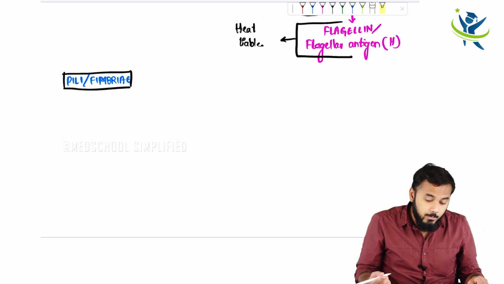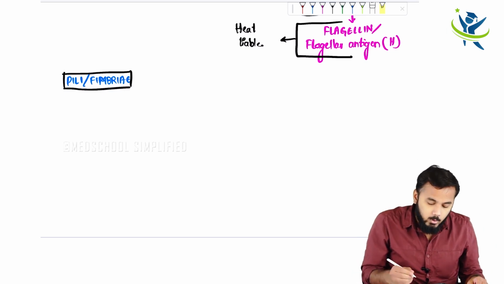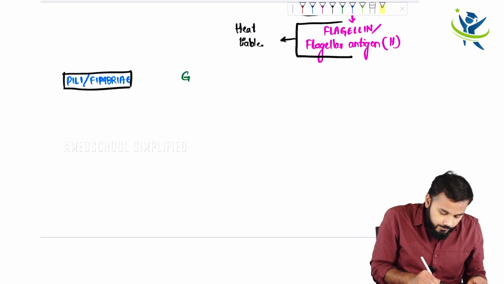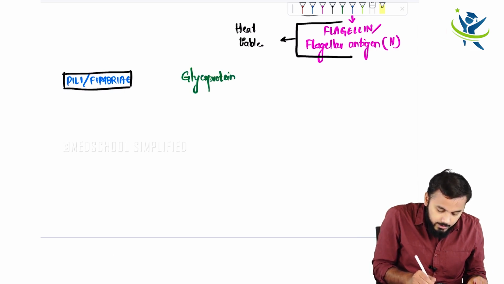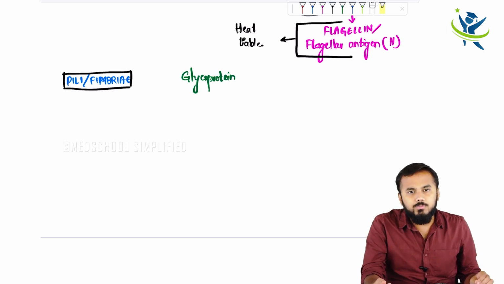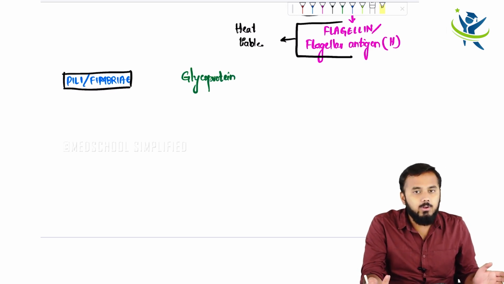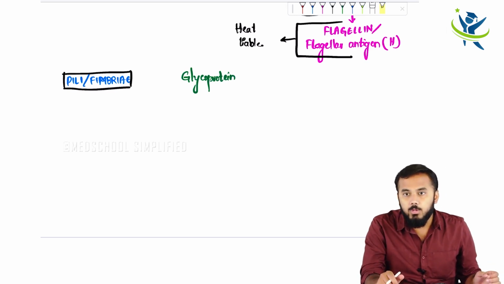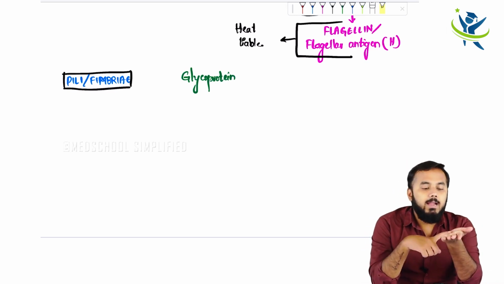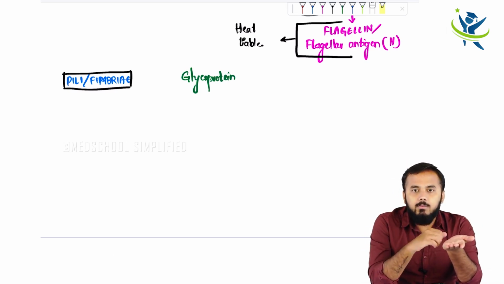Pili and fimbriae are made up of a protein called glycoprotein, right? So what is the use of pili or fimbriae? Are they also, like flagella, useful for motility? No. For example, this is my hand. This is the place where the bacteria want to stick.